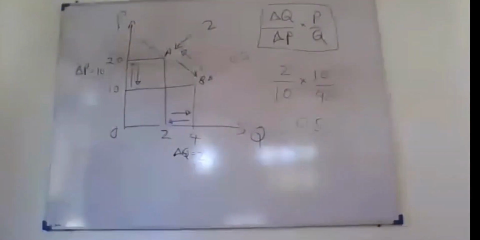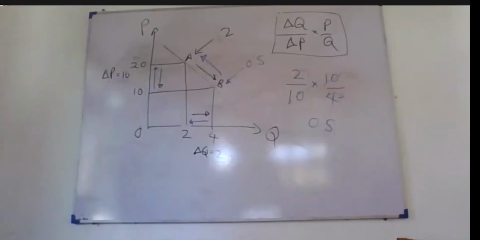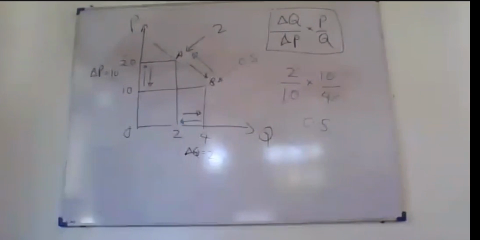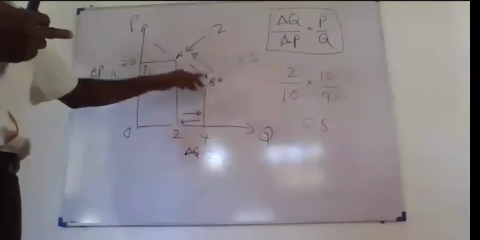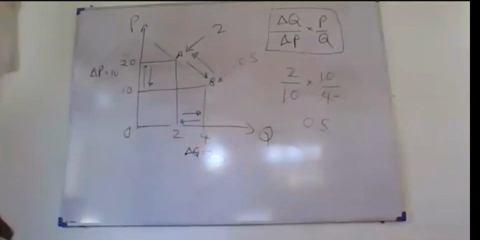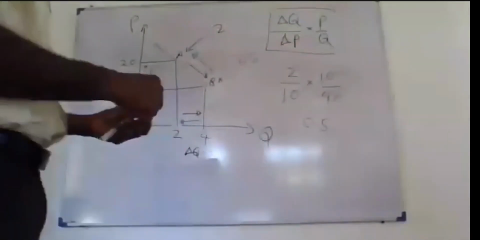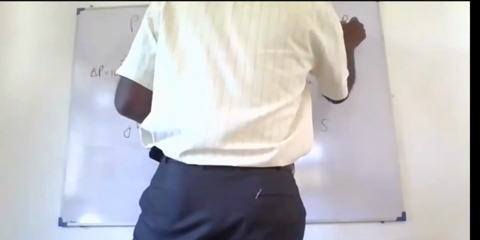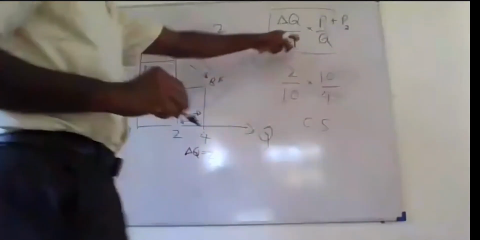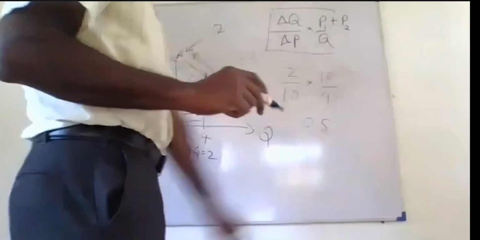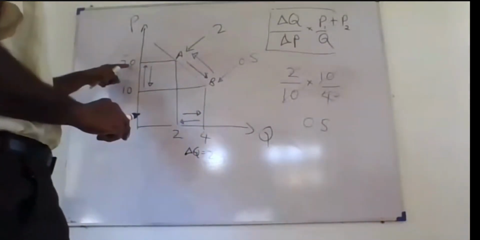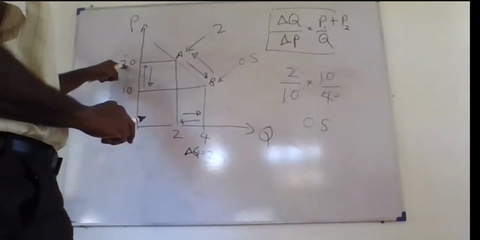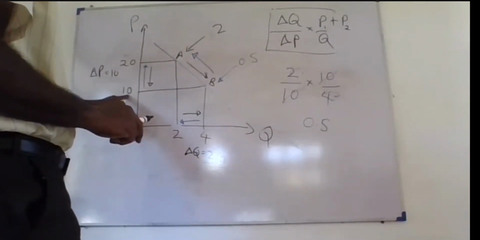For that, we say we are having arc elasticity of demand. In arc elasticity of demand, what we do, we do not use a particular point. Instead of that, we change our equation a little bit. That is P1 plus P2. Right? P1 means the initial price and P2 is the new price. If it is a price decrease, P1 will be 20, P2 will be 10.